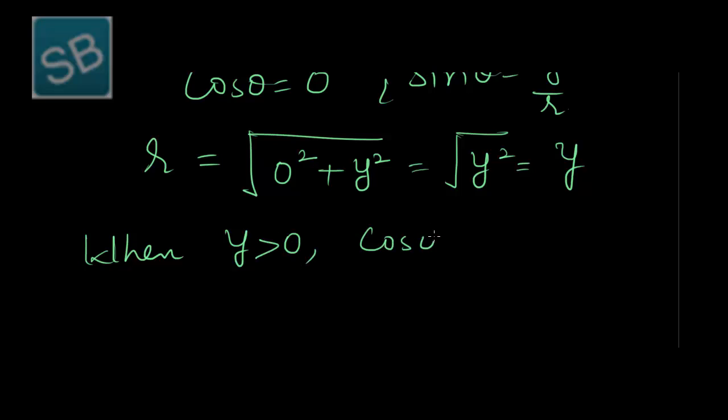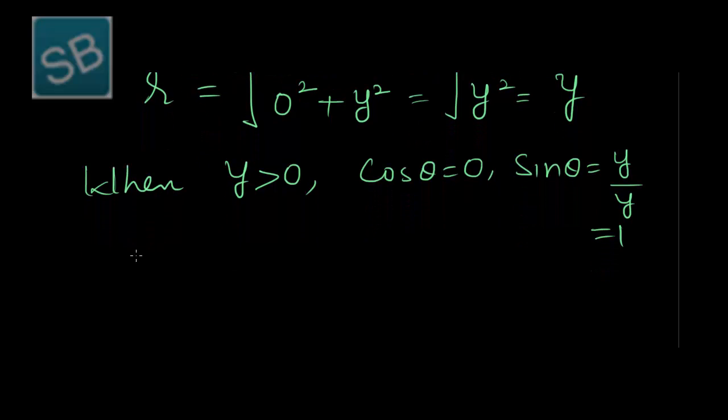Then cos theta is equal to 0 and sin theta is equal to y over y, that is 1, because y is greater than 0. So in this case cos and sin are positive, that is, theta lies in first quadrant.